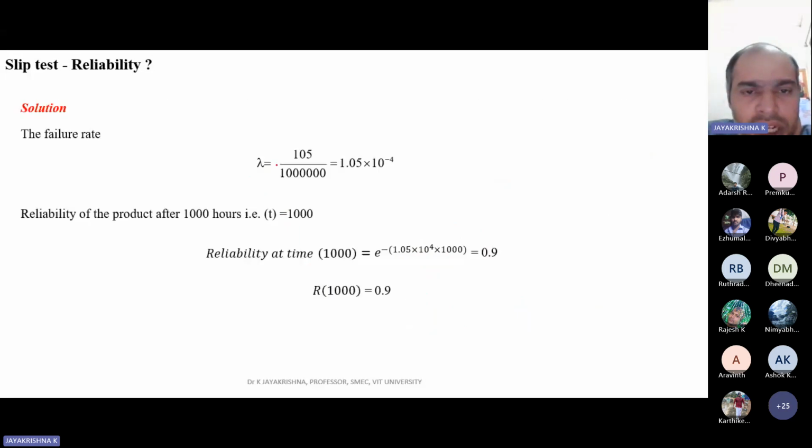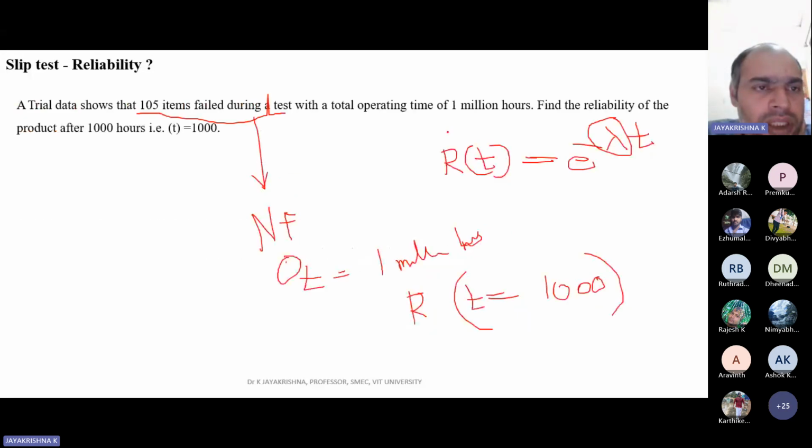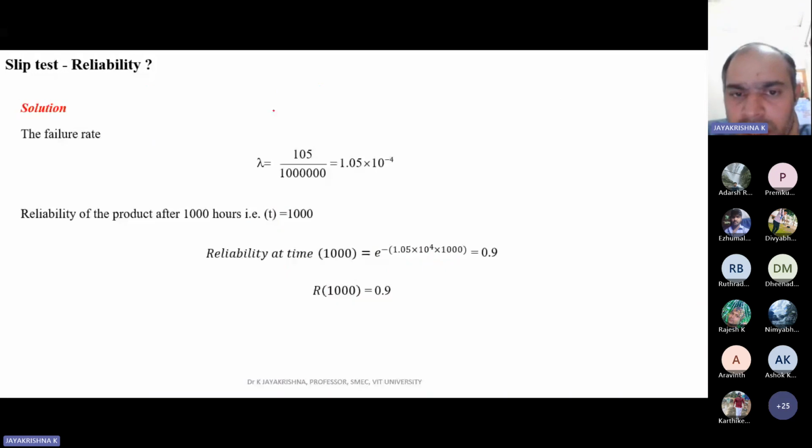Here, 105, because it's given in the problem that for 1 million hours, how many components are failing?